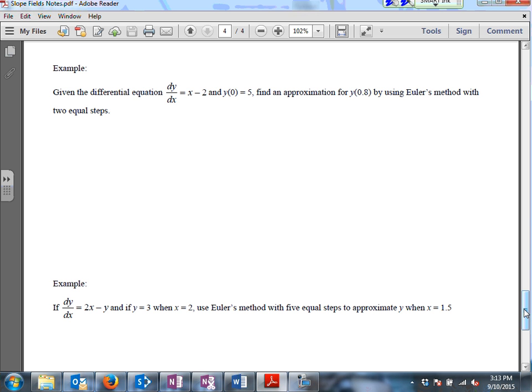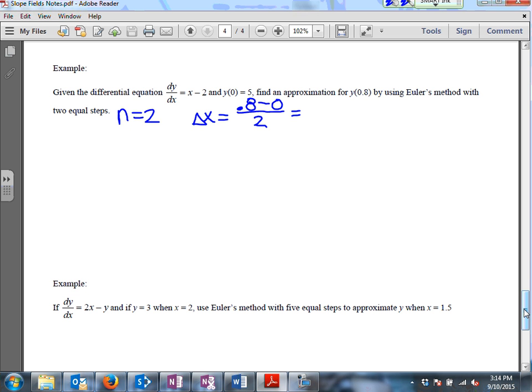How many steps do we want to take? 2. We are going to begin at x is 0 and end at x is 0.8. So our change in x, we want to end at 0.8. We are beginning at 0 with 2 equal steps.